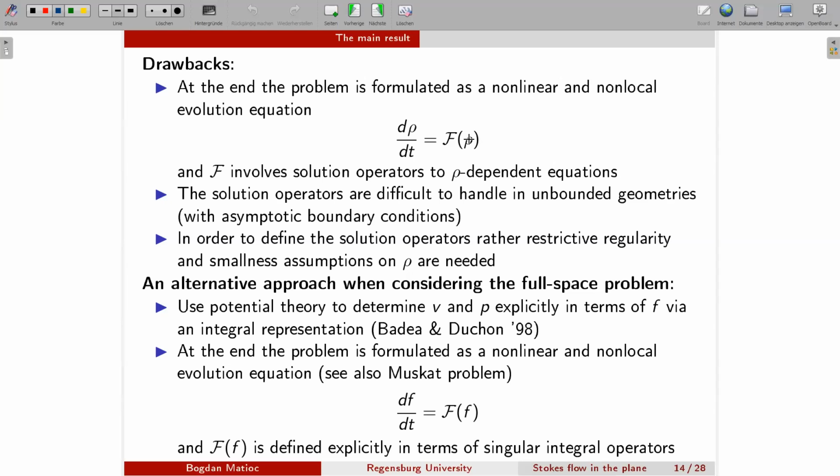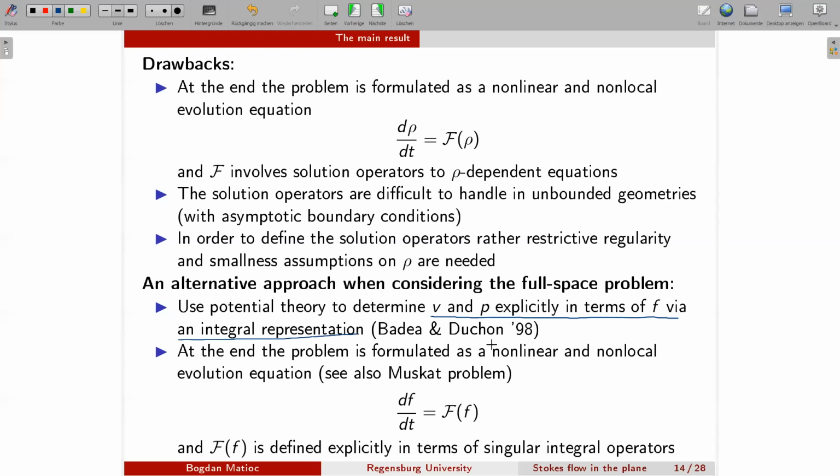So to summarize again, this solution involves solution operators to rho-dependent equations. In an unbounded geometry, these solution operators are difficult to handle, and they are defined under quite restrictive regularity and smallness assumptions on rho. The alternative approach, which we consider because the problem is defined on the full space, is to use potential theory to determine V and P explicitly in terms of f via an integral representation.